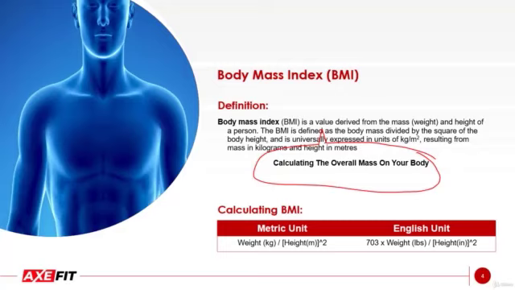So all you have to do is have weight, which is in kg, divided by height, which is in meters, raised to power 2, if you are calculating in metric units. But if you are using the English unit, have 703, which is the conversion factor, multiplied by weight in pounds, divided by height in inches, raised to power 2.